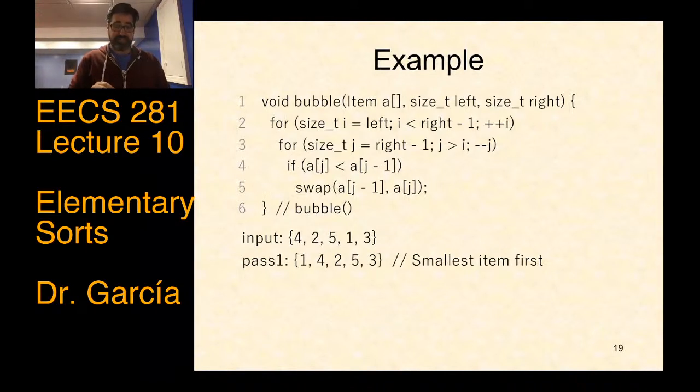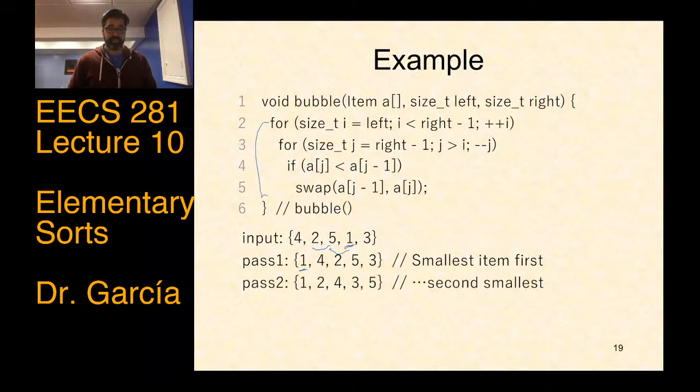The first pass of this outer loop, we'll take the smallest item, or the minimum for the array, and the inner loop would take care to swap, okay, all the way down to get it to the correct position. Then pass 2 would do the same thing for 2, which is really just one swap.